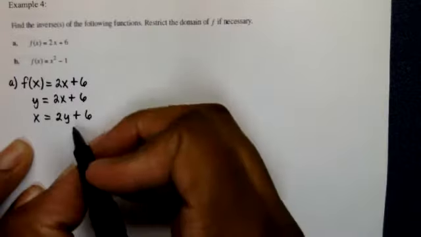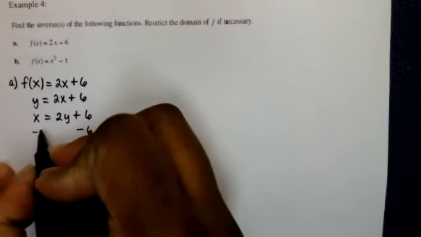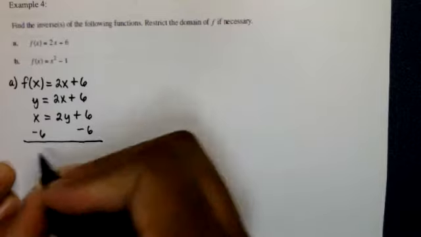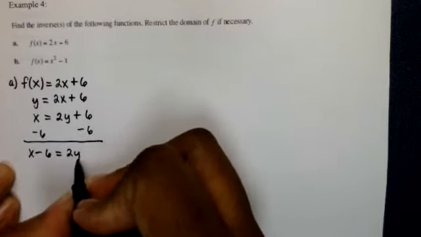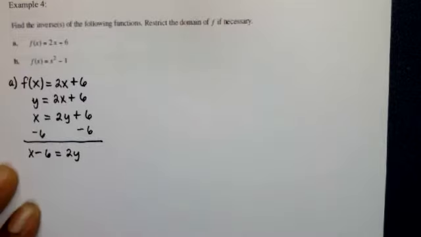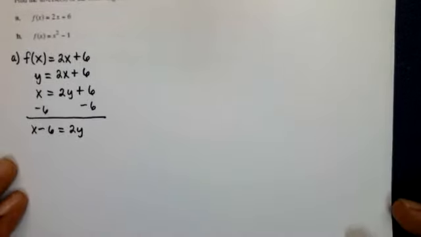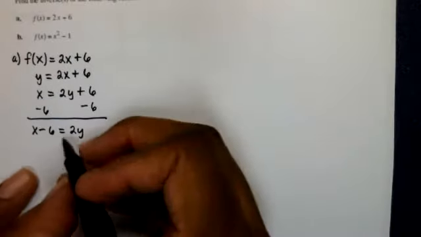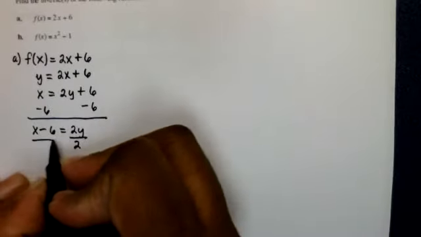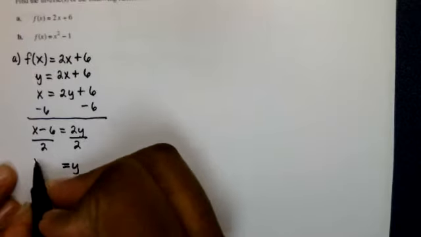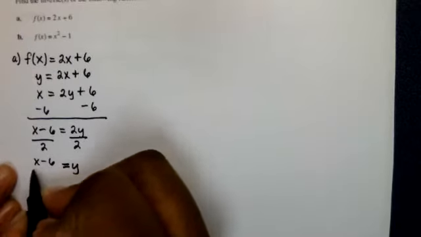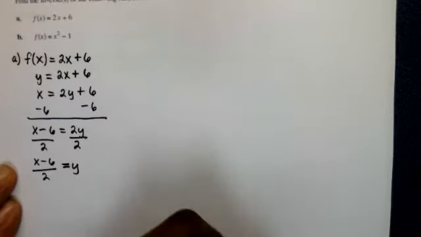Okay. So first we'll subtract 6 on both sides. That will give me x minus 6 is equal to 2y. And then to solve for y, we're multiplying by 2, so we'll divide both sides by 2. So that means y is equal to x minus 6 all over 2.